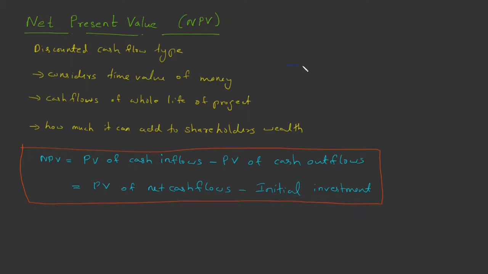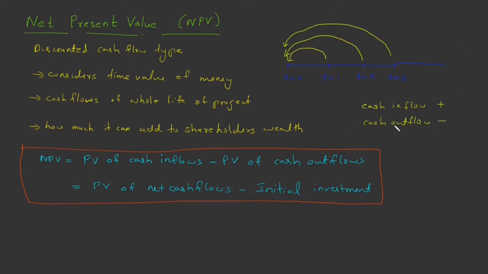The idea here is very simple. If we have cash flows at time t equal to 0, t equal to 1, t equal to 2, t equal to 3, like that, then we have to bring all those cash flows to the present value, that is, at time t equal to 0. And then calculate the net cash flow by taking cash inflow as positive and cash outflow as negative.